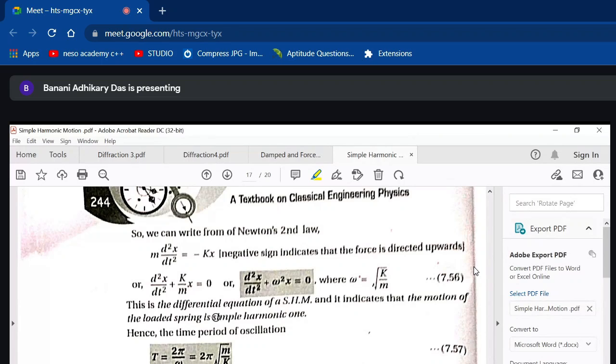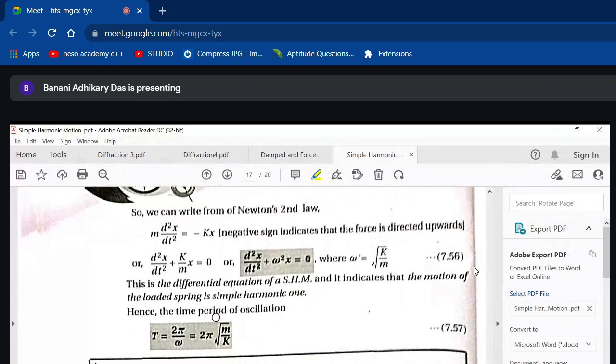If you can write it in the form d2x/dt2 plus omega square x equal to 0, immediately you get your omega. Once you know your omega, your time period is just 2 pi over omega. In this case, the time period is 2 pi root over m over k. So I hope I have been able to explain this.